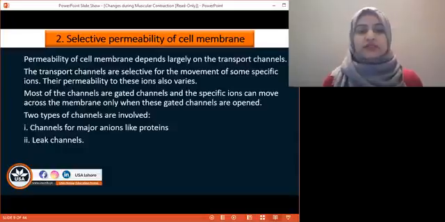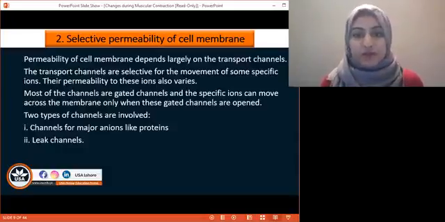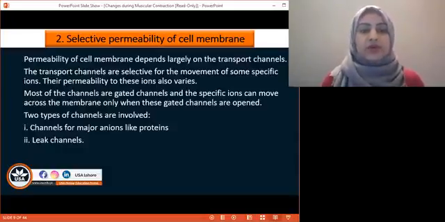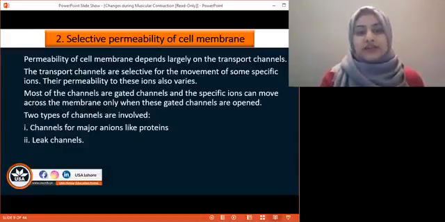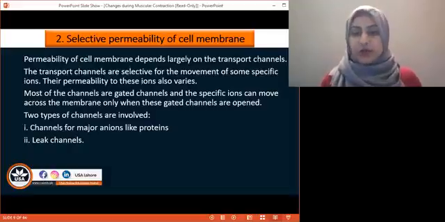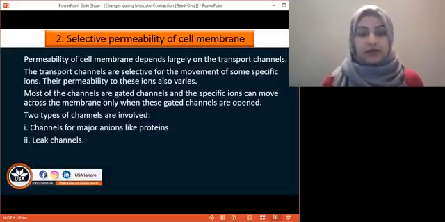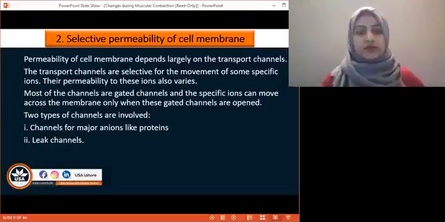These transport channels are selective for the movement of some specific ions, and their permeability to these ions also varies. Most of the channels are gated channels, and some of the channels are ungated. We also studied that. So the specific ions can move across the membrane only when these gated channels are opened.